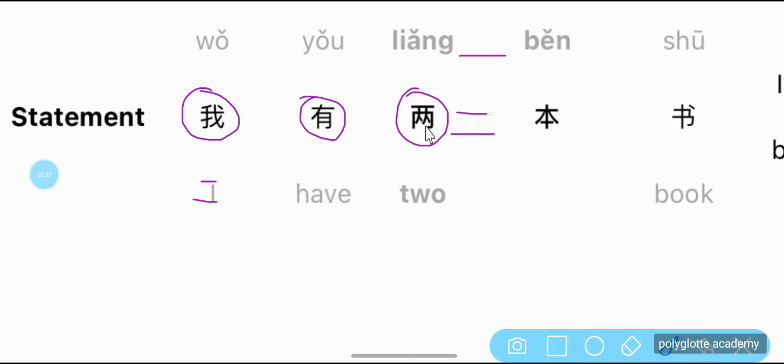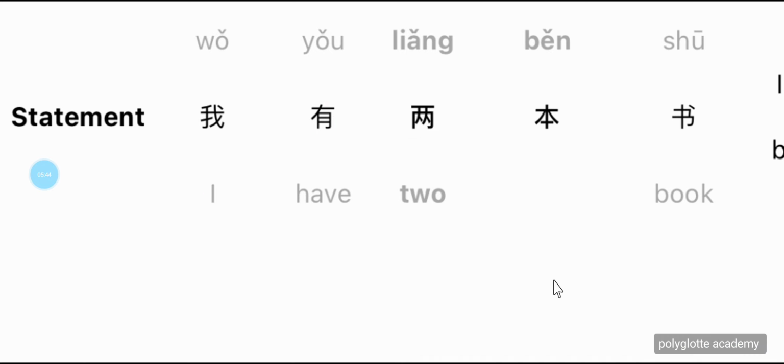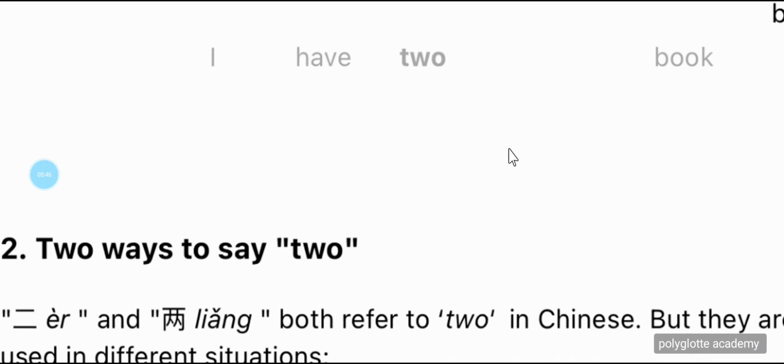So we can also use 两 to mean two. 非常好。我有两本书, I have two books. Now let's move on.